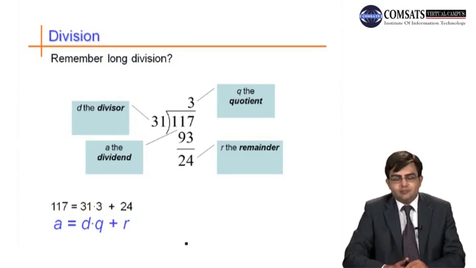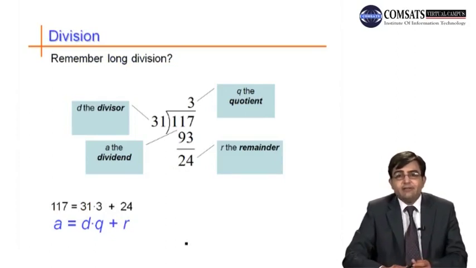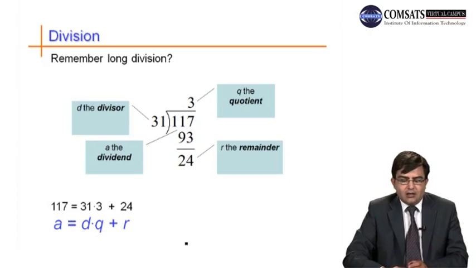Next, we start the division. What we have studied earlier is the divisors. Now we start the division. In early classes, you remember how you perform the division of two numbers.